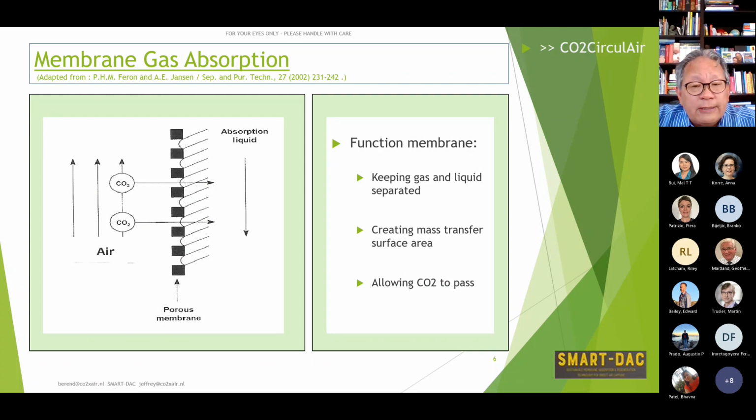The function of the membrane is keeping the gas and liquid separated. It's for creating a maximum amount of transfer surface area, and is of course meant to allow CO2 to pass. It's the first step.